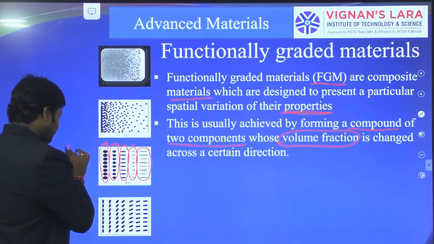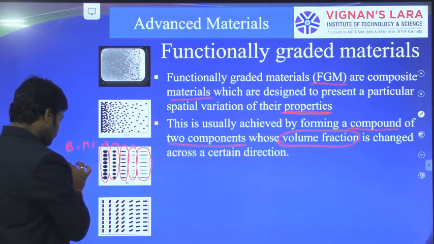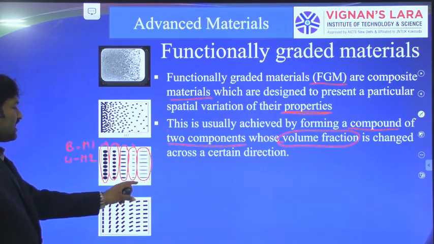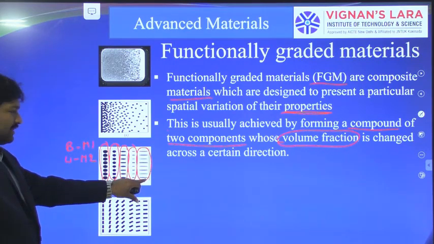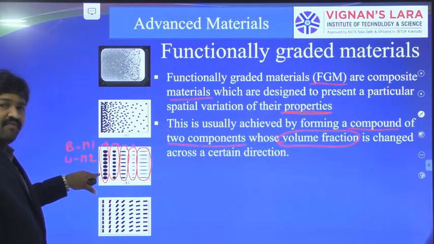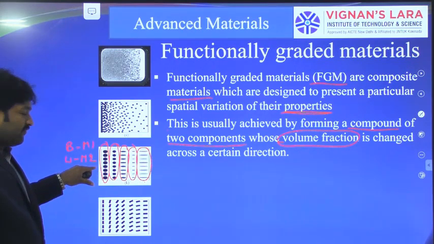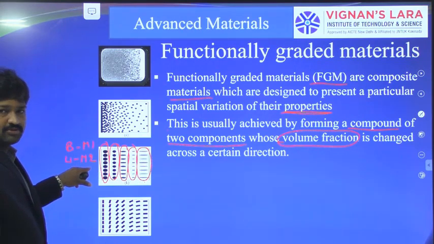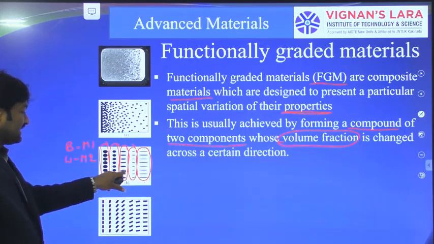The black one is material 1 and the white color is material 2. The volume of black spots, material 1, is increasing, whereas the volume of material 2, which is the white color, is decreasing.